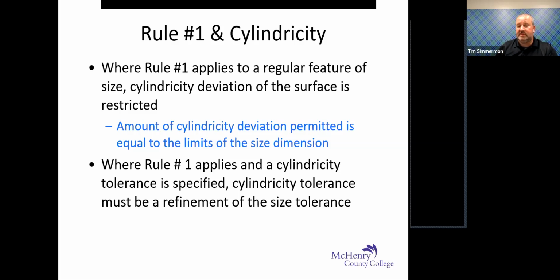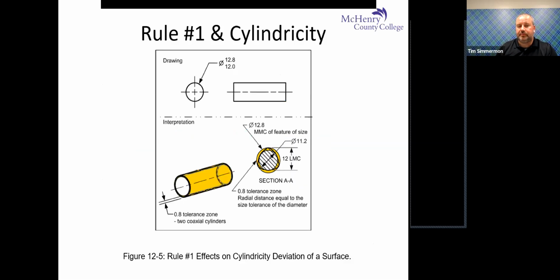It has to be perfectly cylindrical for the entire length of the part. Where rule number 1 applies and the cylindricity tolerance is specified, cylindricity tolerance must be a refinement of the size tolerance. So again, it just can't be bigger than what rule number 1 is creating for us.